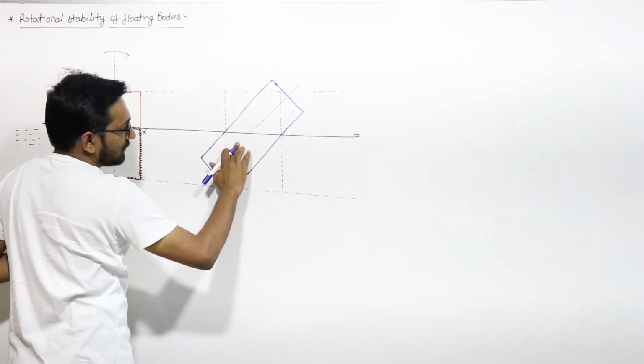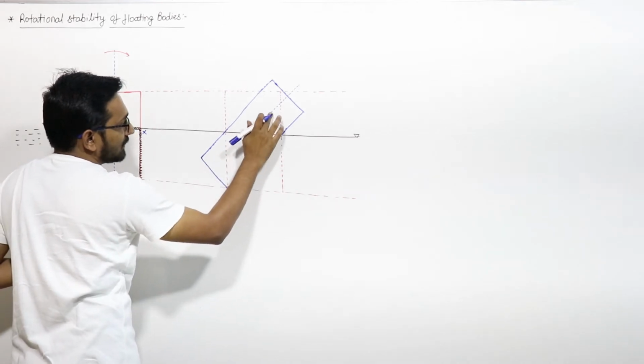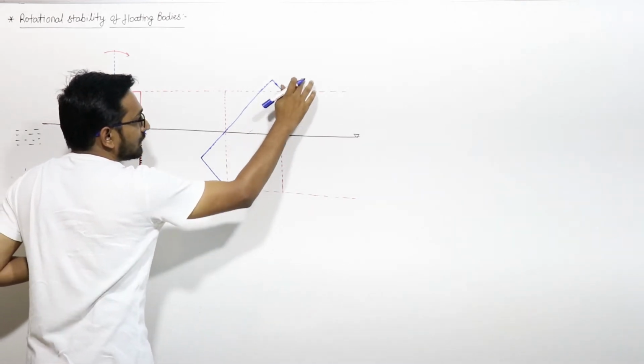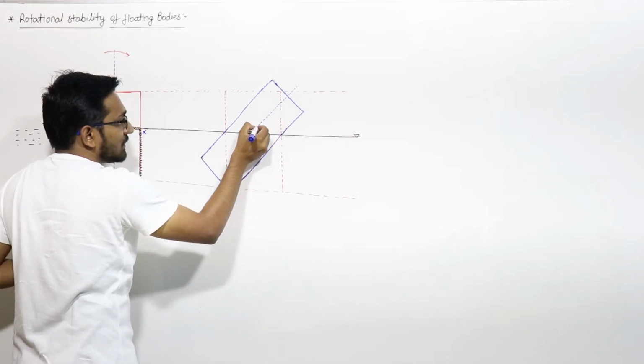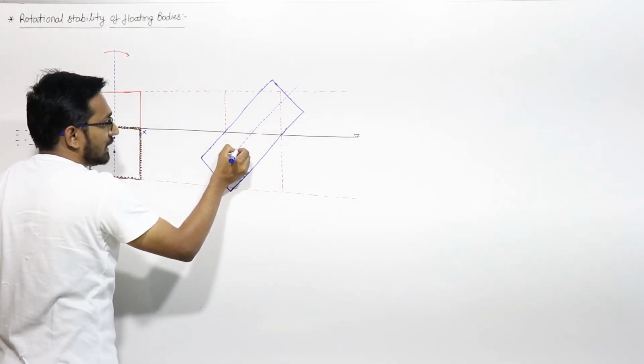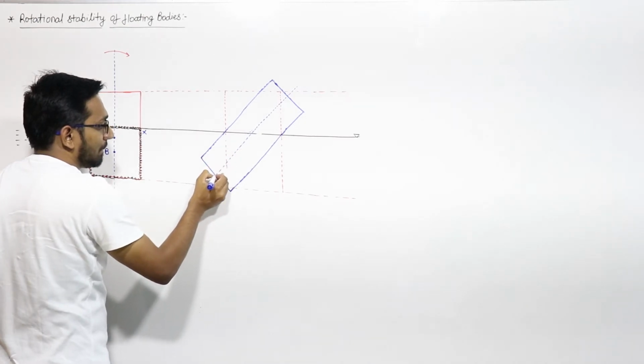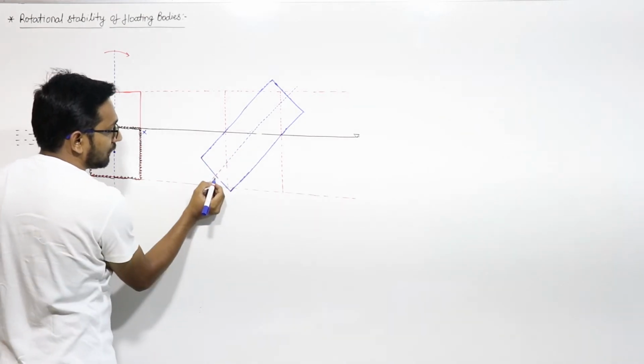This is the axis of the body, the final axis of the body after tilting, right?